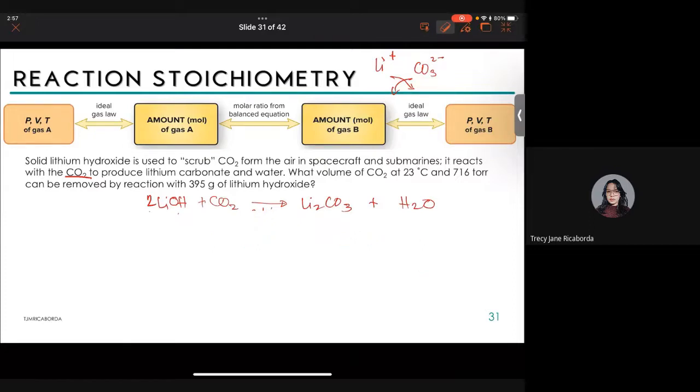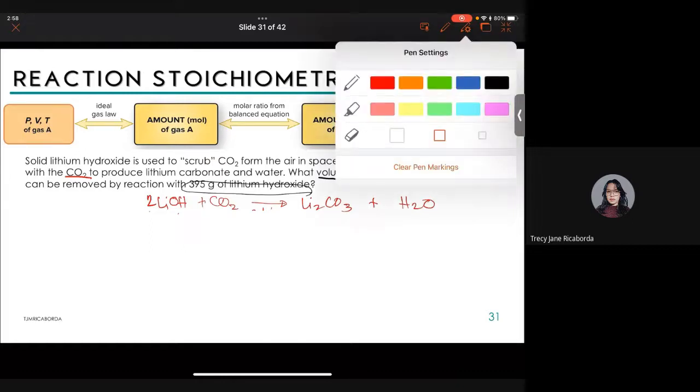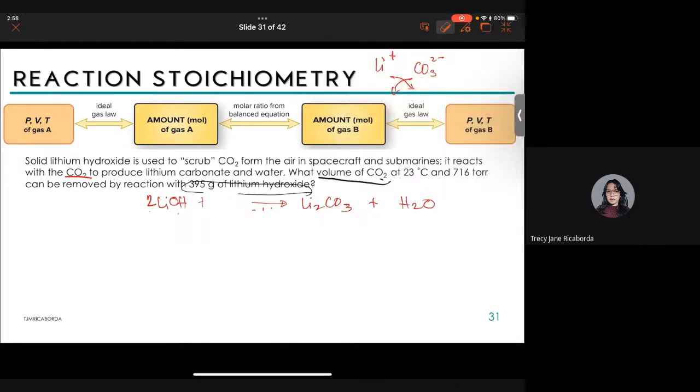So now that we have our balanced equation, we can look at what's being asked. Volume of CO2 from the reaction of 395 grams of lithium hydroxide.